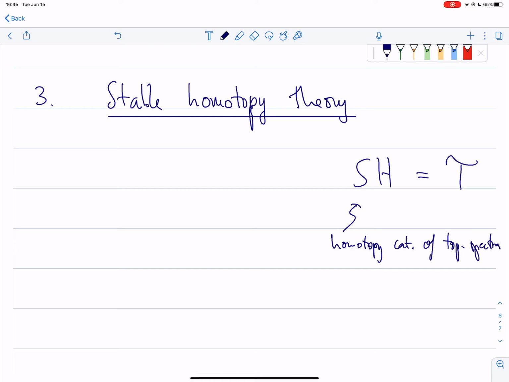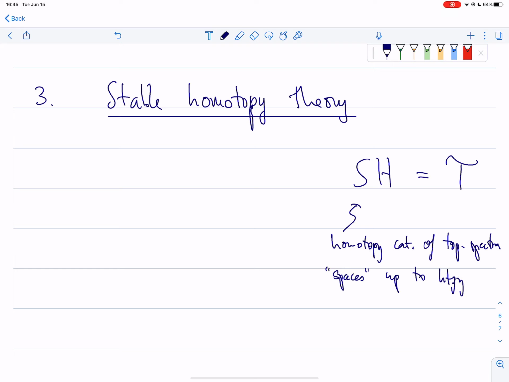So you can start with topological spaces and say, well, can I study them up to homotopy? And then you can observe that if they are, say, pointed spaces, you can suspend them. And you say, well, can I study them up to homotopy? And so spaces, if you want, up to homotopy.